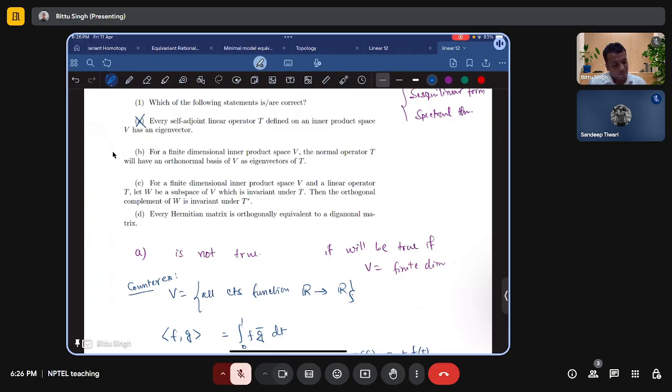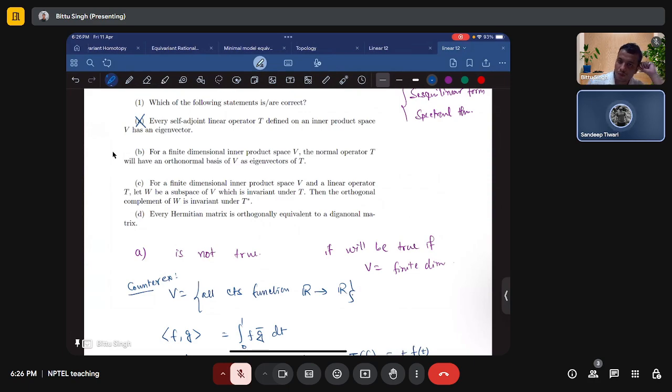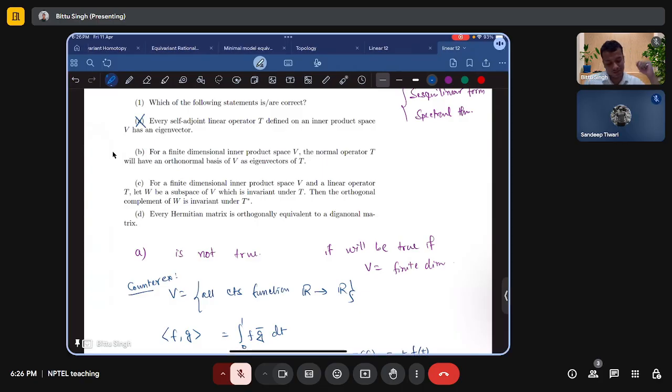If something is not given, we will always consider the field as complex. Whatever you are saying is true, that this option actually depends on the given field.